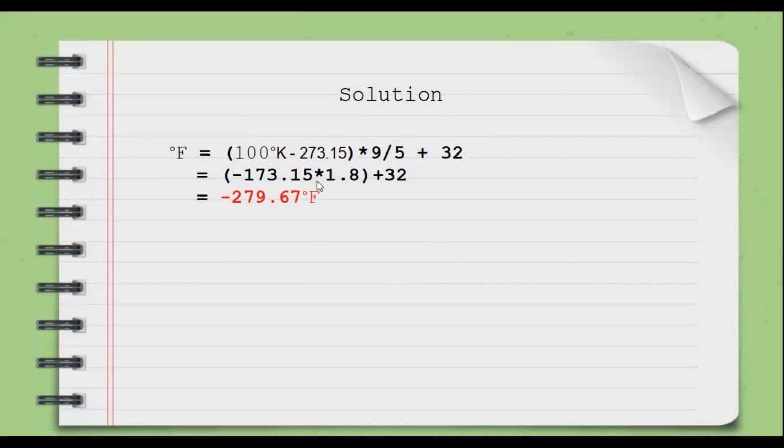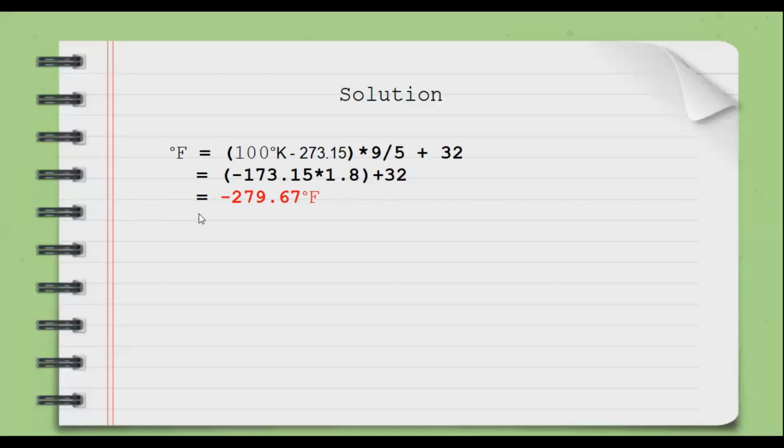So this will give us negative 173.15 times 9/5, which is 1.8. So negative 173.15 times 1.8, and the answer will be added to 32. It will give us negative 279.67 degrees Fahrenheit.